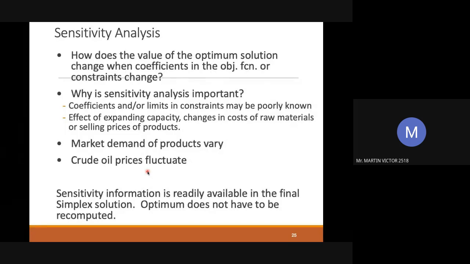This information is readily available in the final simplex solution. Sensitivity analysis can be done using a graphical method and also using a simplex method. The procedure is the same. Only your values will get changed.